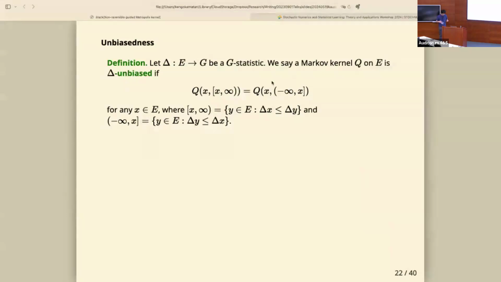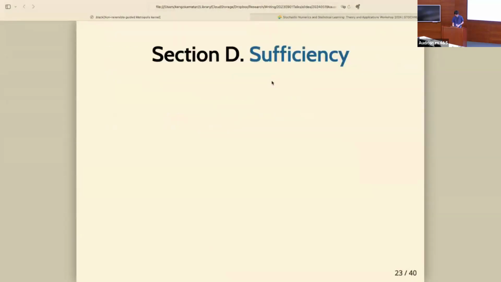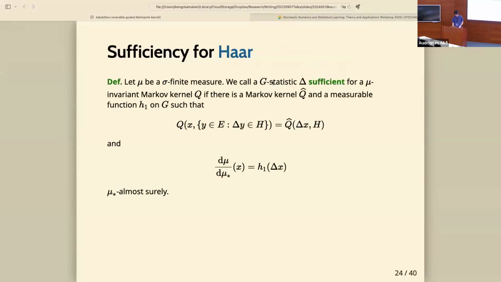We assume the following: the kernel behavior is essentially equivalent to that in the ordered space. Without this, the behavior on the general space and the behavior on the ordered space are different. So we assume sufficiency in a sense. The kernel behavior is actually determined by x through delta.